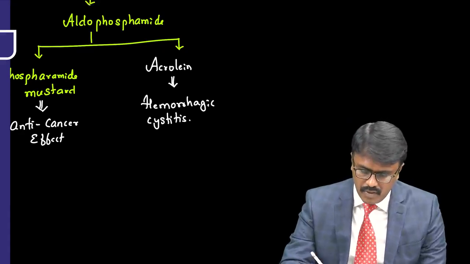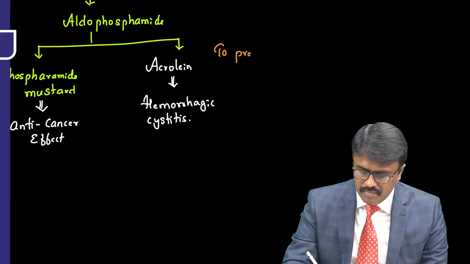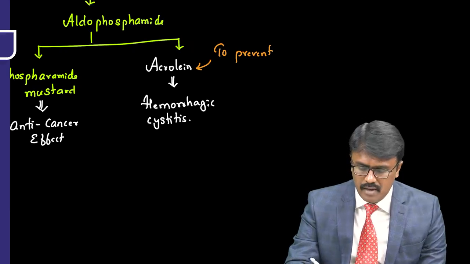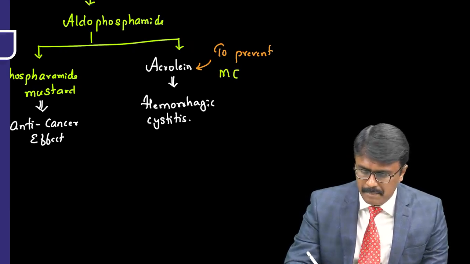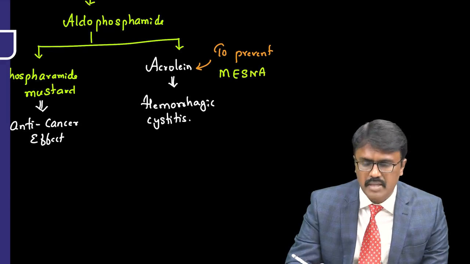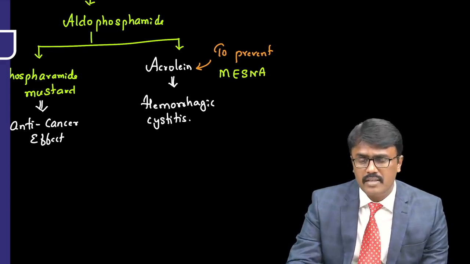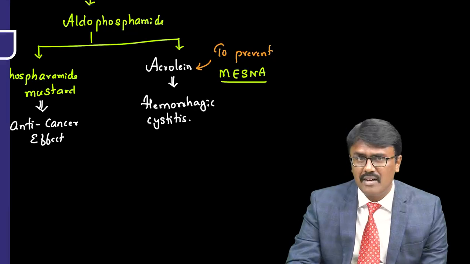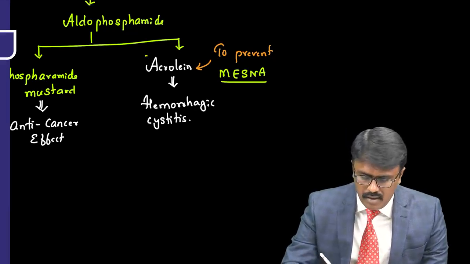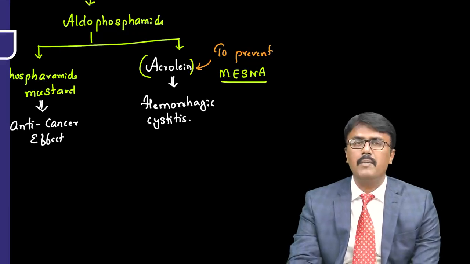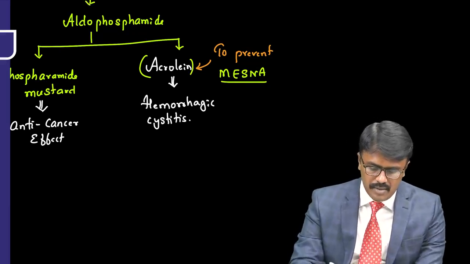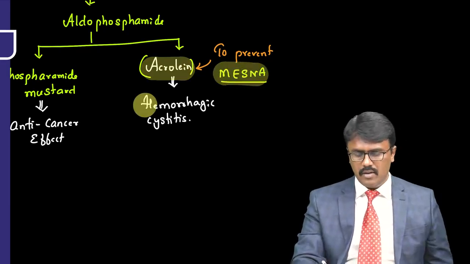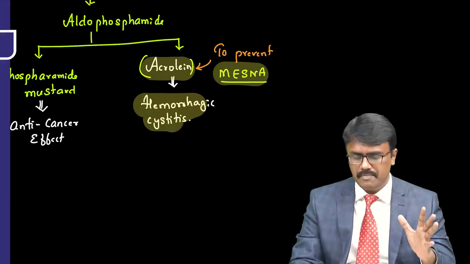Yes, the drug to prevent and treat this problem, the drug which binds to acrolein, is called Mesna. Mesna stands for mercaptoethane sulfonate, which will bind to acrolein and prevents the causation of hemorrhagic cystitis. So the culprit is acrolein, the prevention is by Mesna, and the drug causes hemorrhagic cystitis, very, very common.